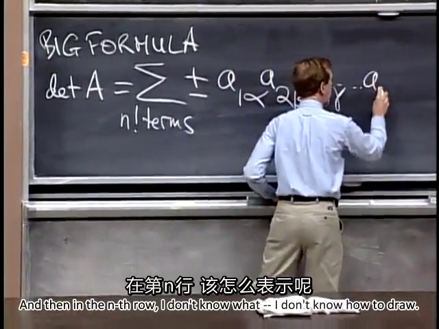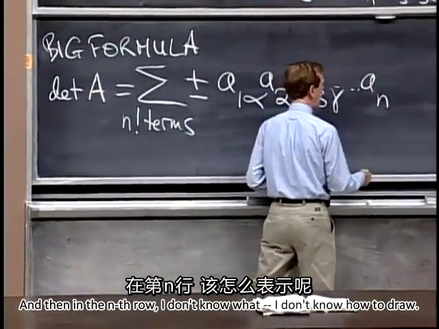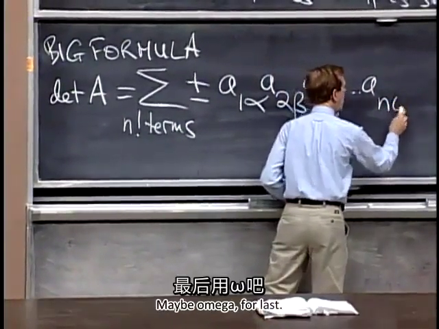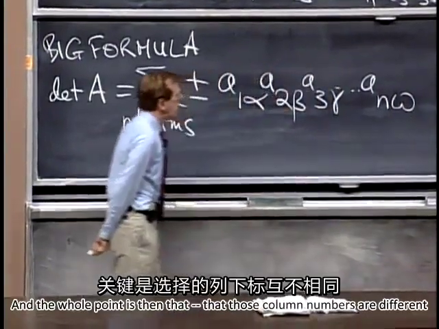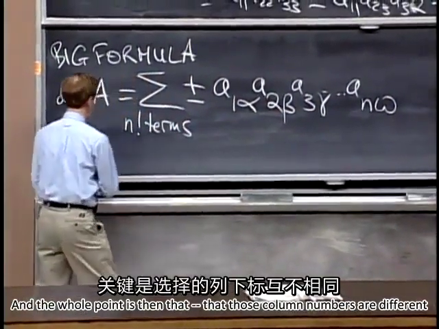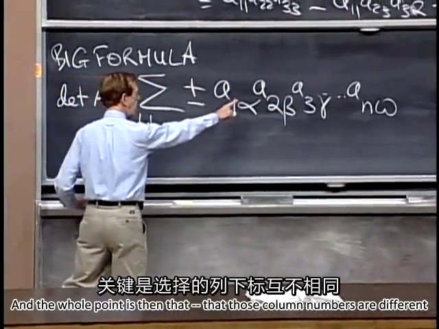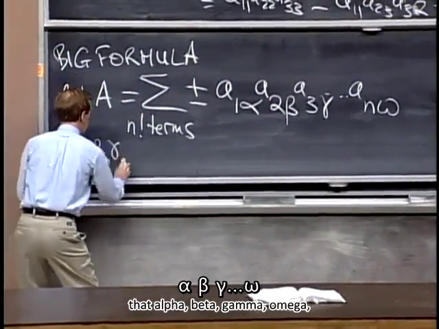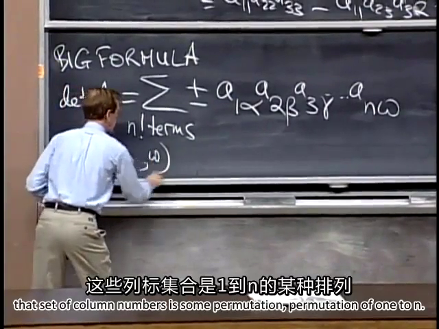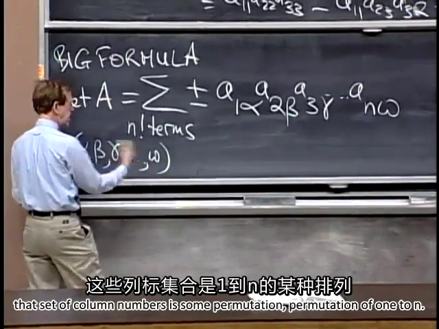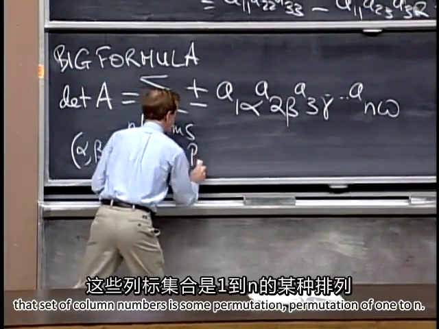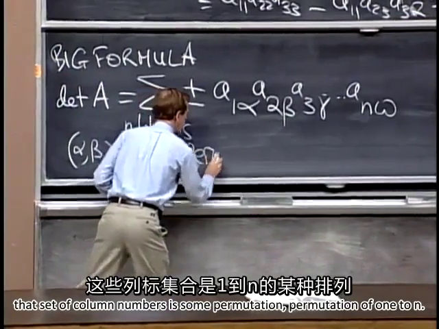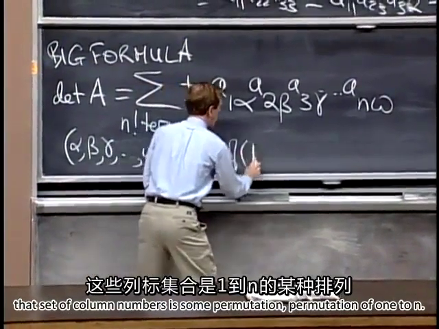And then in the nth row, I don't know how to draw, maybe omega for last. And the whole point is then that those column numbers are different. That alpha, beta, gamma, omega, that set of column numbers is some permutation of 1 to n.